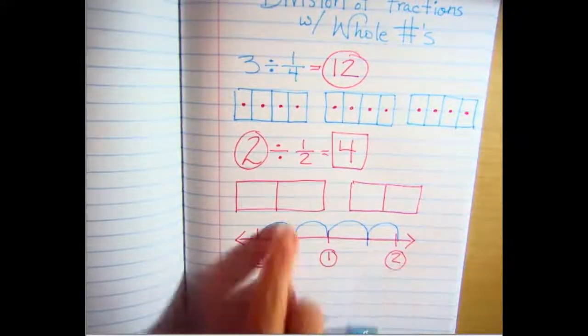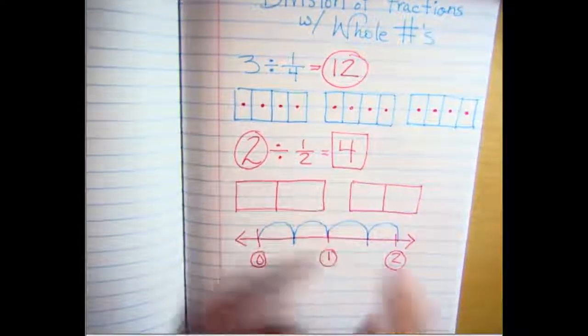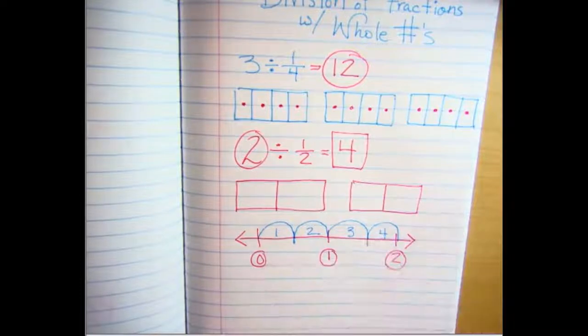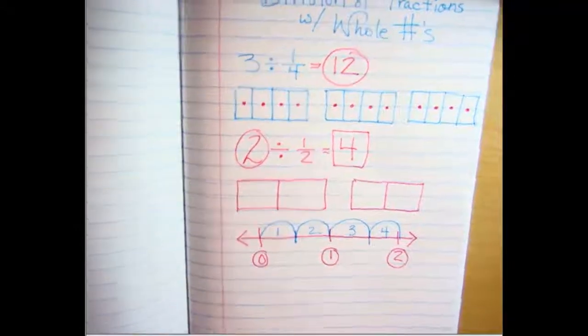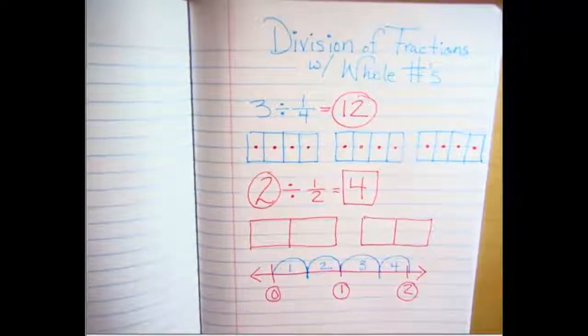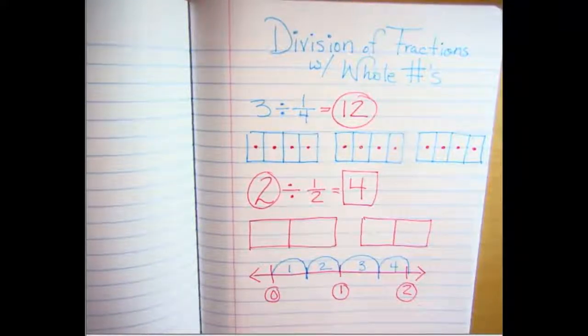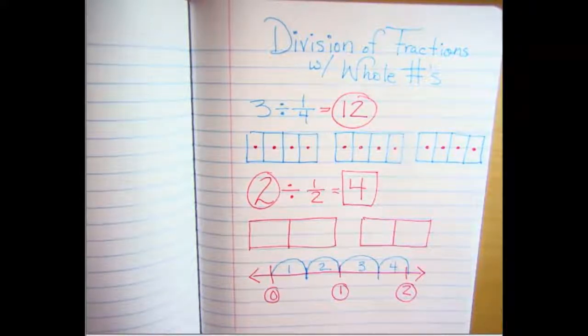Because 2 divided by 1/2 is 4. I have 1, 2, 3, 4 sections. The number lines are okay when you're working with the smaller numbers, but they get to be a big pain when you work with the big numbers. So this is a whole number divided by a fraction. Give me a thumbs up if this looks really easy.